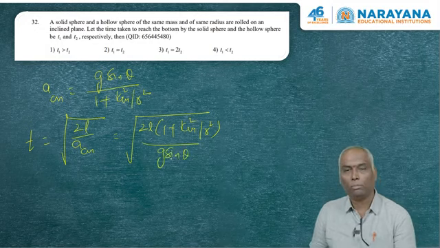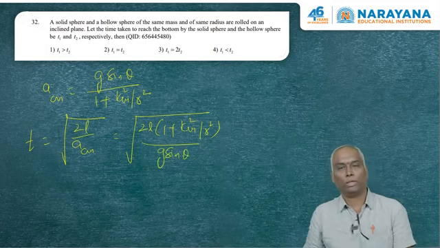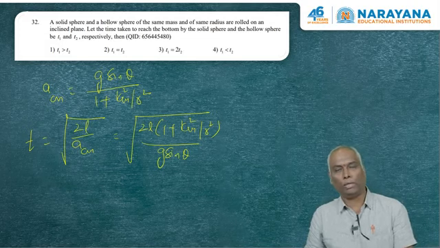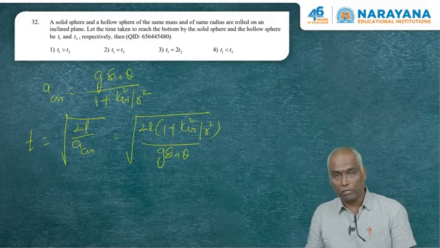And we know that for both these objects, the solid sphere and hollow sphere, we are rolling them on the same inclined plane, so L and theta are going to be the same, and the radius also is going to be the same. So the value of time will depend on the radius of gyration.